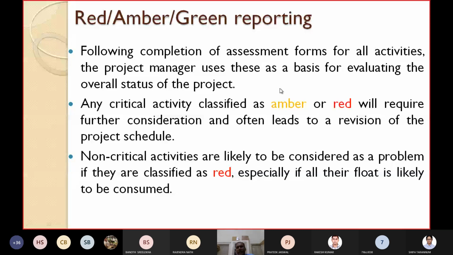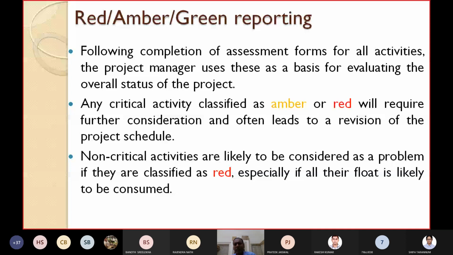Any critical activity, I am saying critical activity, which is classified as an amber or red activity will require further consideration and often leads to a revision of the project schedule, because there is a possibility that you may not meet the target. So you have to revise your project schedule. You may have to bring more manpower, or the target date has to be shifted, because there is less chance that you will meet the project targets.